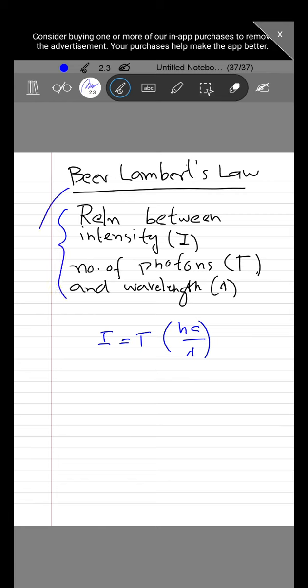What Lambert's law tells is I is equal to I0 exponential minus alpha x.